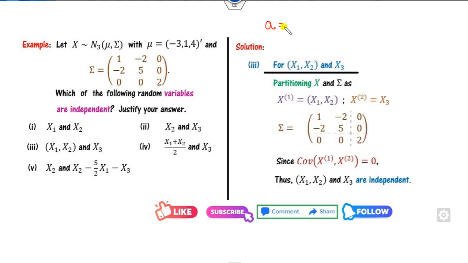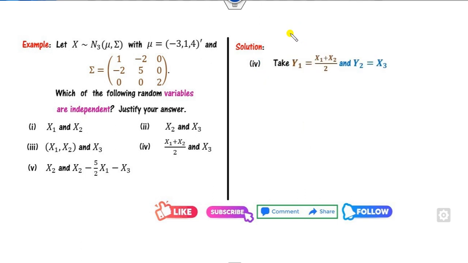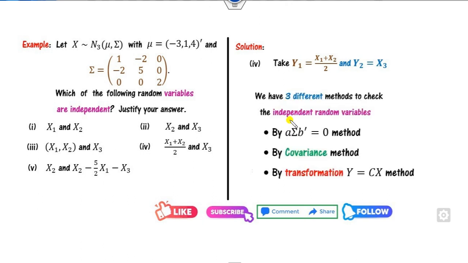There is no relationship between them, whether it is x1 plus x2, so you can't find the value of A from here, for example, in this case. So first, the first method I will explain with the help of A sigma, then covariance, and then transformation. Can you write the value A?